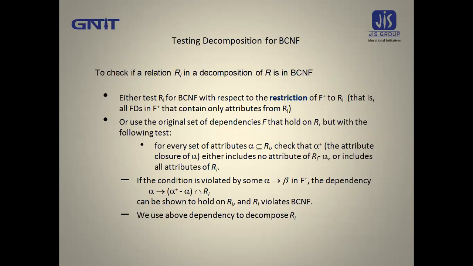If this condition is violated by some alpha implies beta in F plus, the dependency alpha implies alpha plus minus alpha, intersection Ri, can be shown to hold on Ri, and Ri thus violates BCNF.